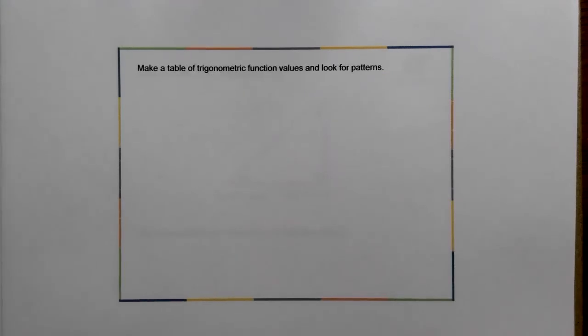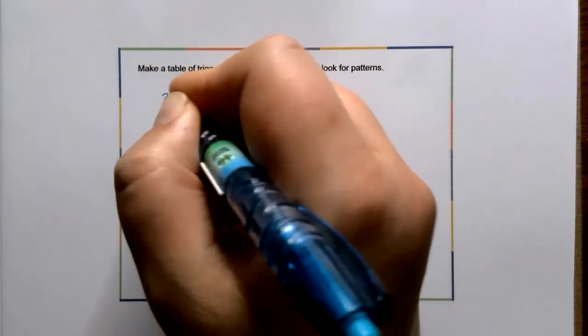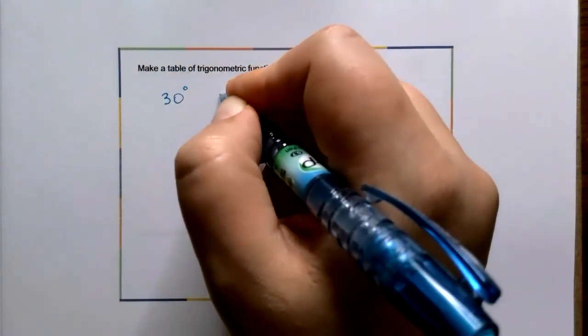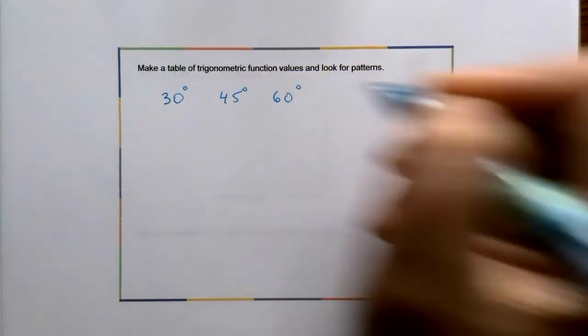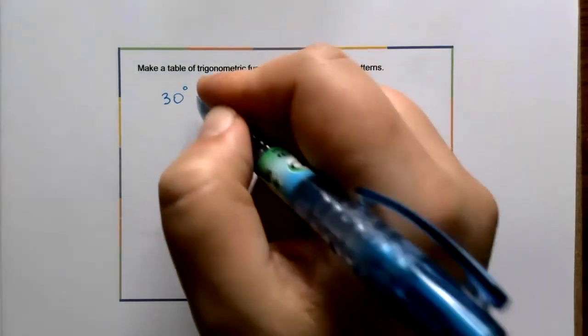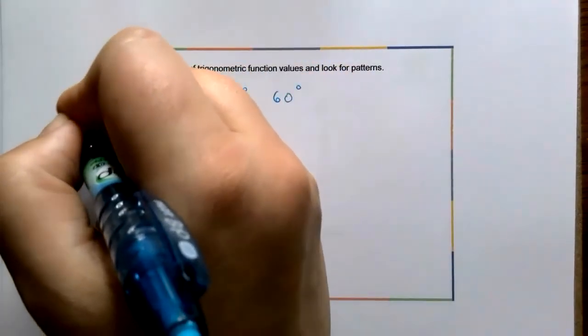So let's summarize what we learned in this section. So we were talking about angles of 30 degrees, 45 degrees, and 60 degrees. So these are degrees.